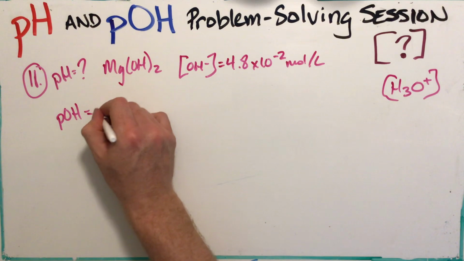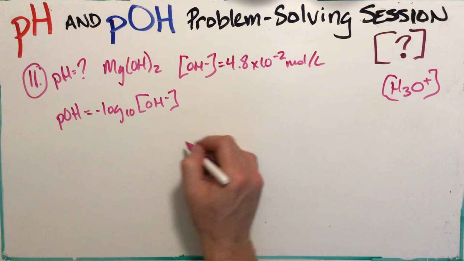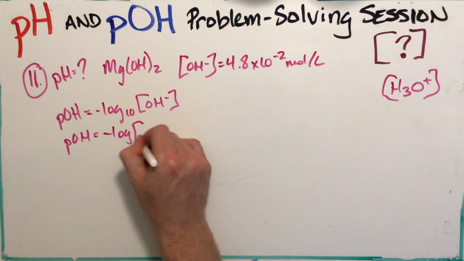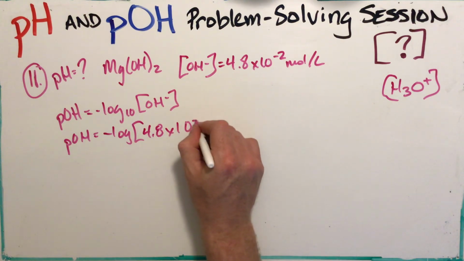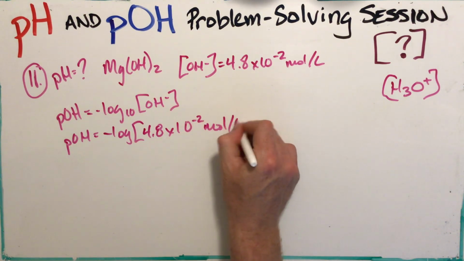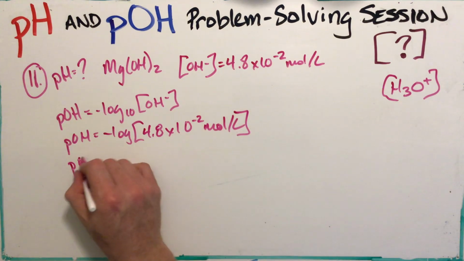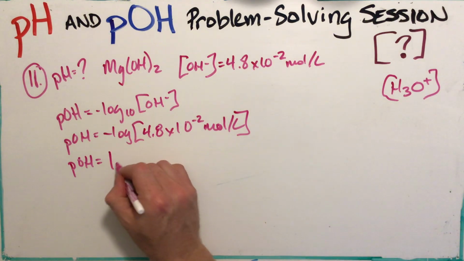So pOH is equal to negative log 10 of the hydroxides. I sub in this value right here, 4.8 times 10 to the negative 2 moles per liter. And I find out that my pOH is equal to 1.32.